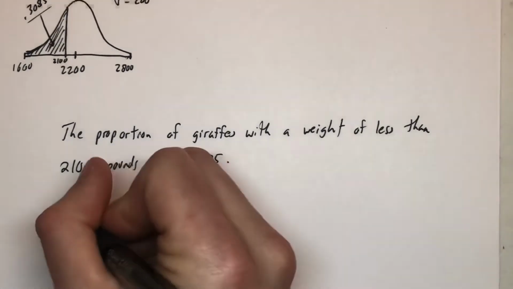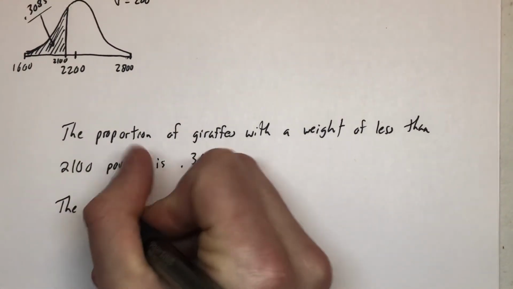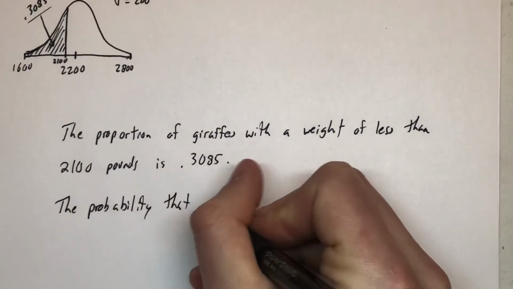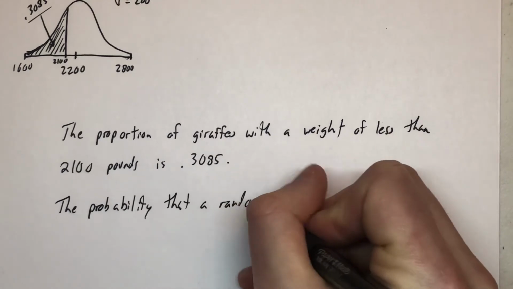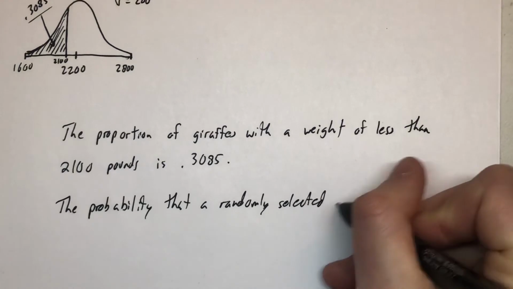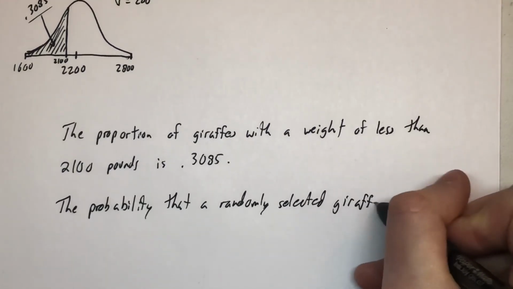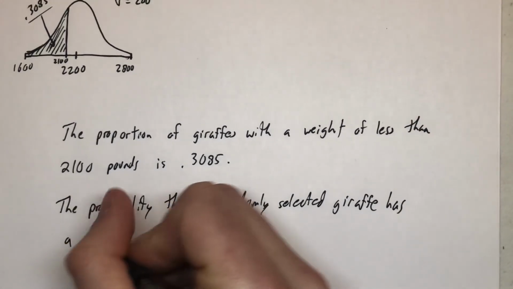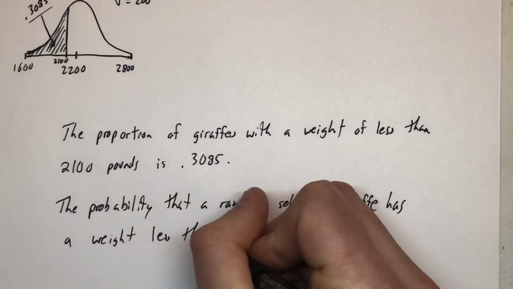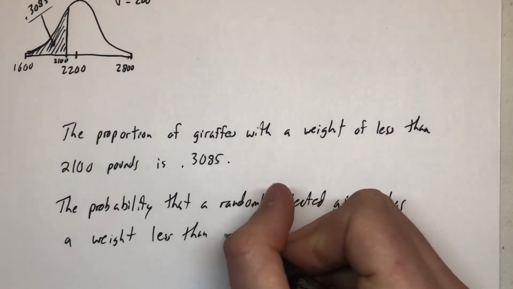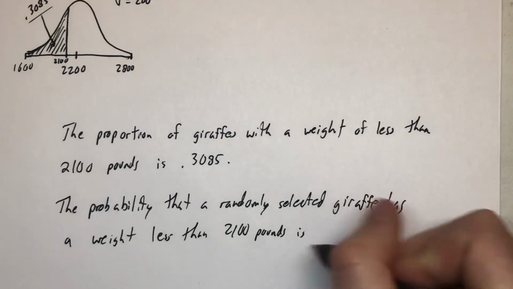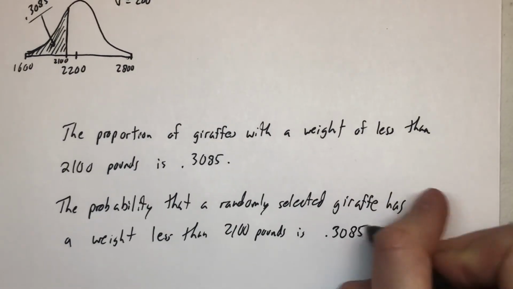Now for the probability, we just rephrase it and we say the probability that a randomly selected giraffe has a weight less than 2,100 pounds is 0.3085.